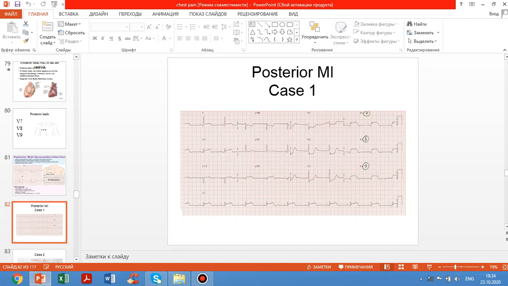You can see the elevation in V7 and V9 leads and reciprocal changes in V1 and V3. V7 is elevated, V8 is elevated, V9 is elevated, and reciprocal changes in V1, V2, V3 show ST depression.